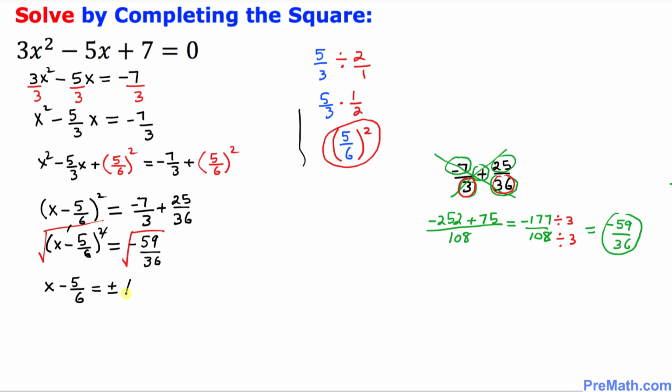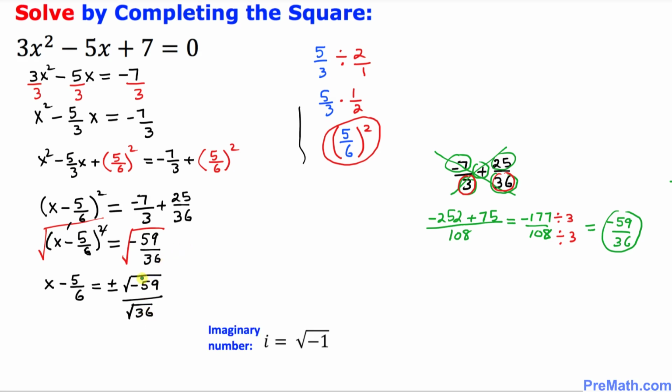Here I can separate these radicals. I can write negative 59 divided by square root of 36. And now let's focus on this negative sign inside this radical.